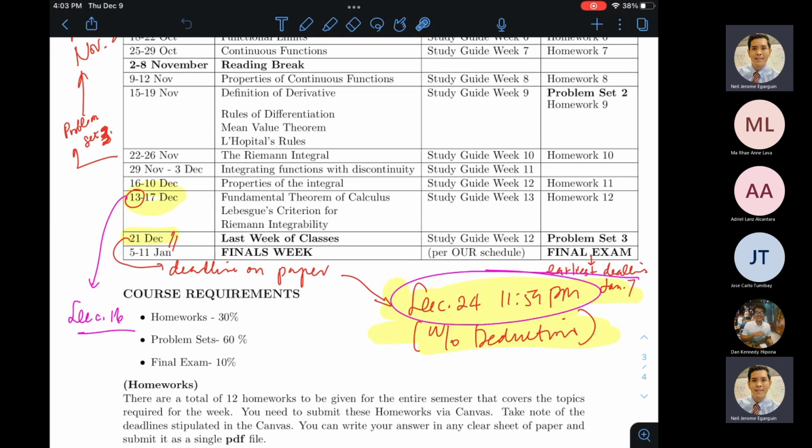I just gave additional days just in case medyo nagpatong-patong na yung mga hinihinging problem set or final assessments for you in other classes. So siguro we can lay back a little bit and relax as far as 155 is concerned. So I can accept submissions without any deductions until December 24th, right before midnight, bago tayo mag-Noche Buena.